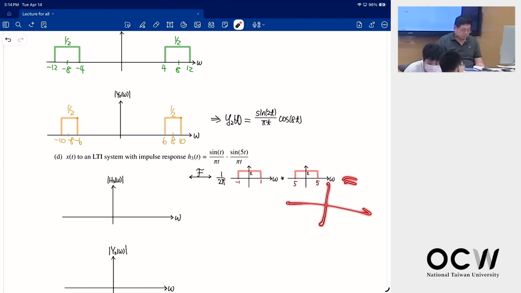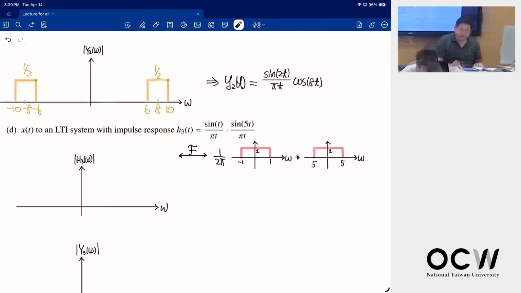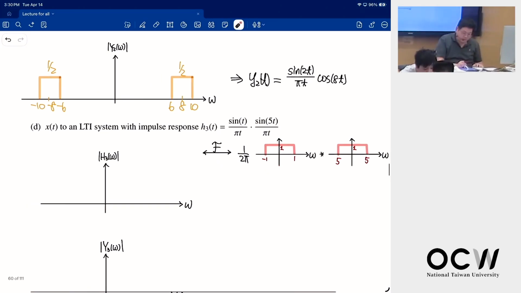It should be a trapezoid. Okay. All right. So for two sinc function multiplication in time domain, in frequency domain I will do the convolution. So we'll get a trapezoid.